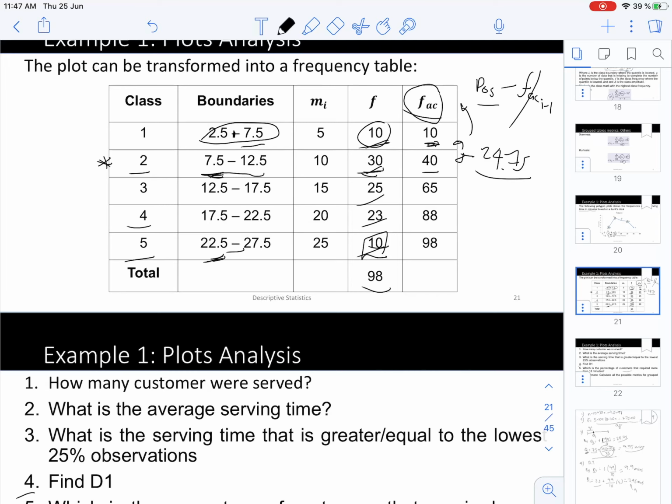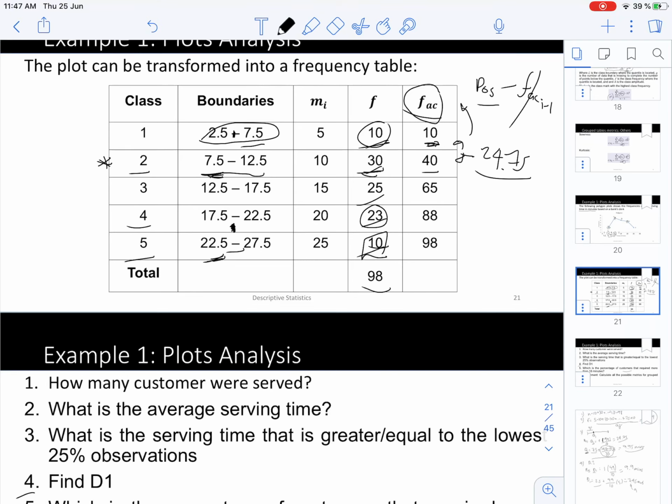Now, if we go to the previous one, class 4, here is the tricky one, because 18 is located in this class, right? But not all of these 23 observations will satisfy that condition. Just some of them are above 18.